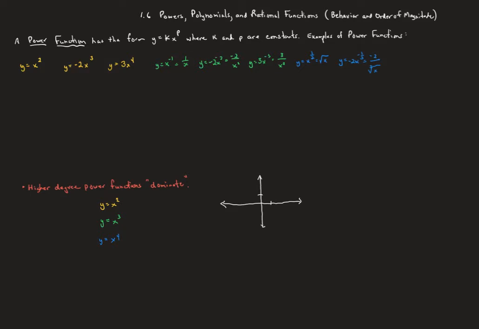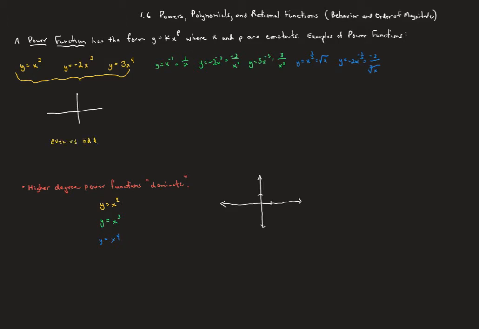Okay, so talking a little bit first about these power functions in the yellow. So we're going to focus on this first. In particular, if we look at what happens to evens versus odds, the whole even versus odd issue.